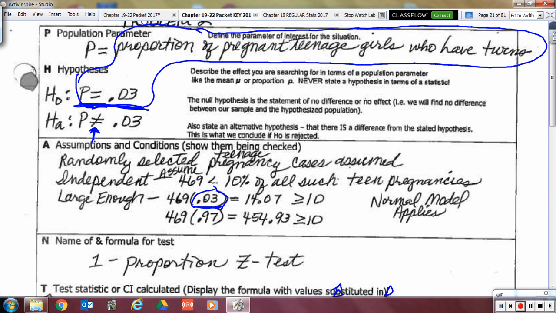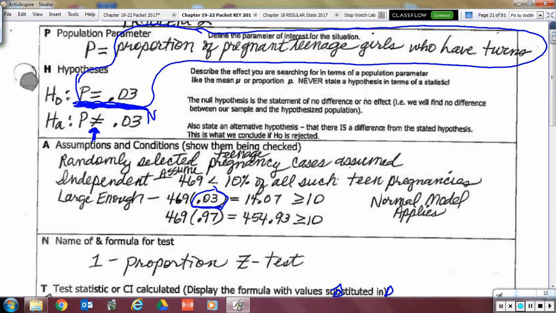I didn't reject the null. Am I saying the null is true? No, I'm not saying the null is true. I just didn't have enough evidence to reject it. So can I say the alternative is true? No. I didn't reject the null, so I'm not going ding ding ding, my alternative is true.